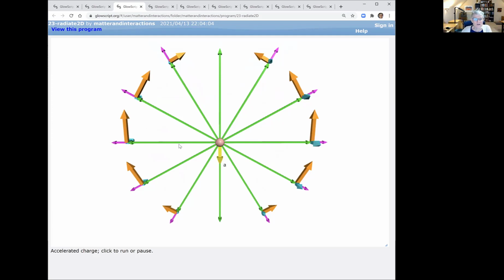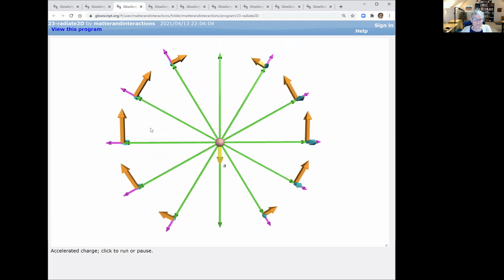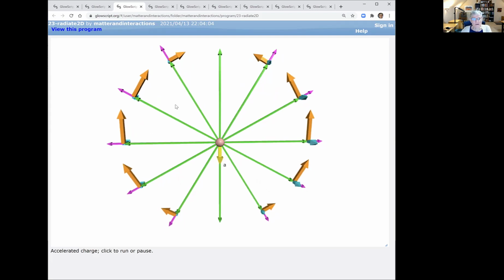And along this particular, it's just really the direction of the R vector, the observation, okay? And we see that the magnitude of E, and therefore the magnitude of B, since they're related, is greatest along a line perpendicular to the acceleration. Okay, and along this line of the acceleration, the electric and magnetic fields are different.